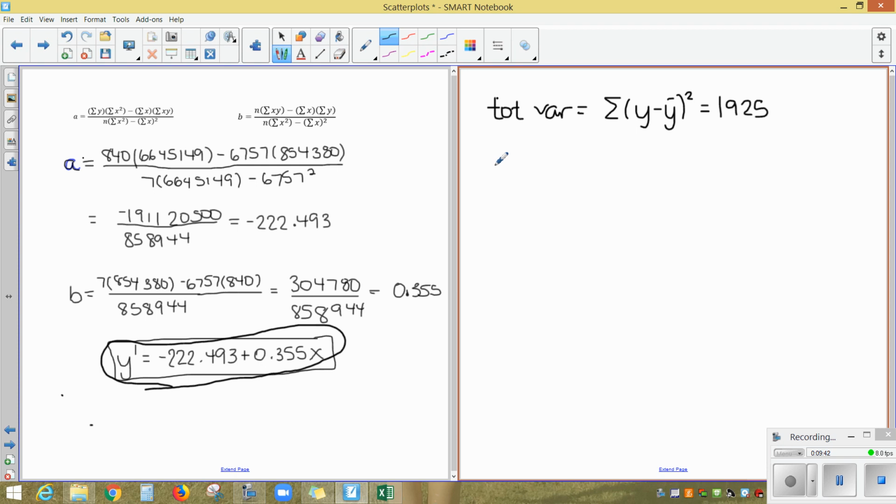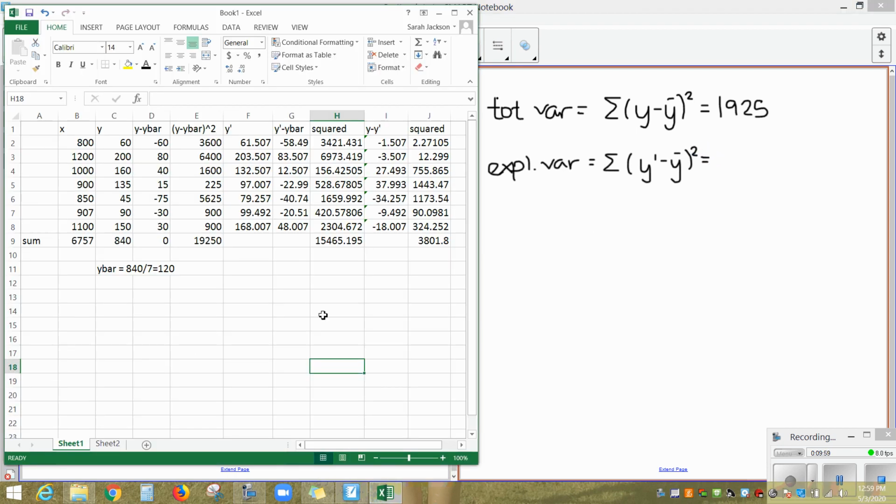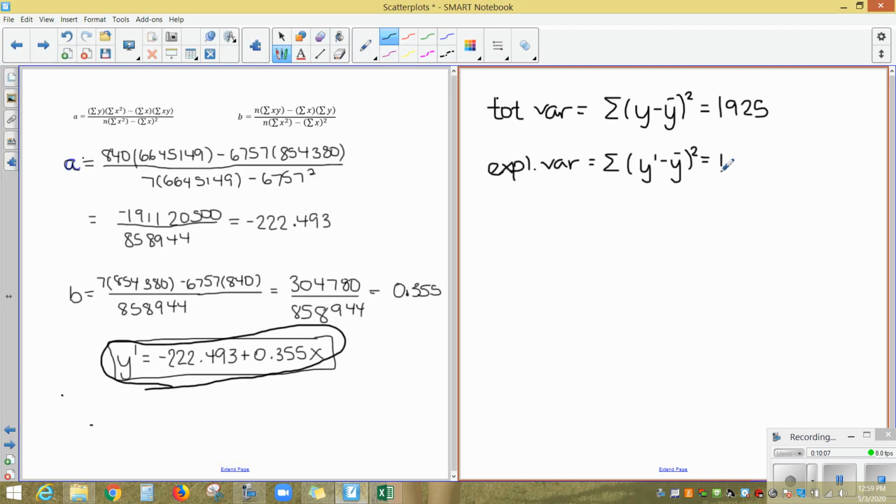If we want to talk about our explained variation, the explained variation is the sum of y prime minus y bar, that quantity squared, which is this value right here, the 15,465. I'm just going to round it to 15,465.